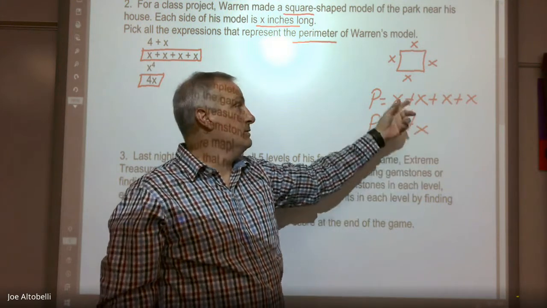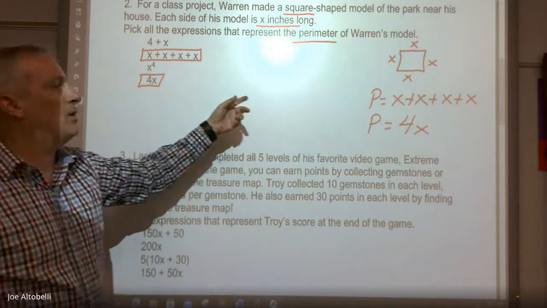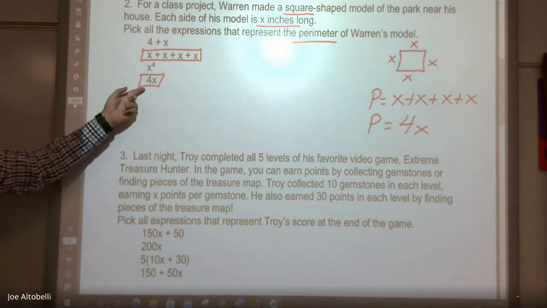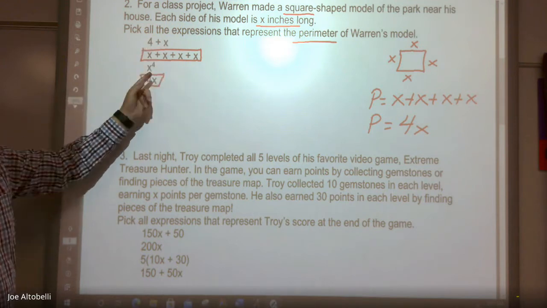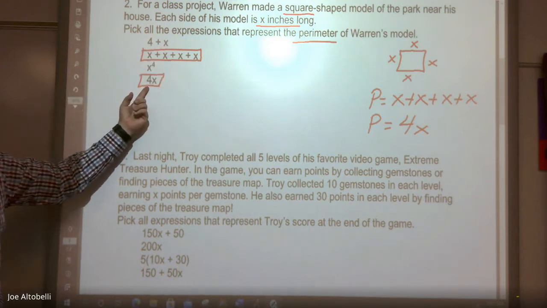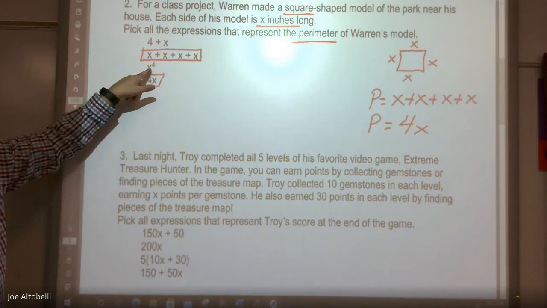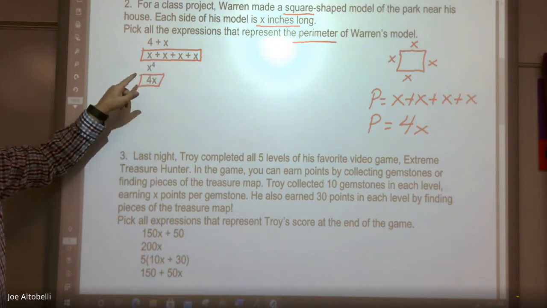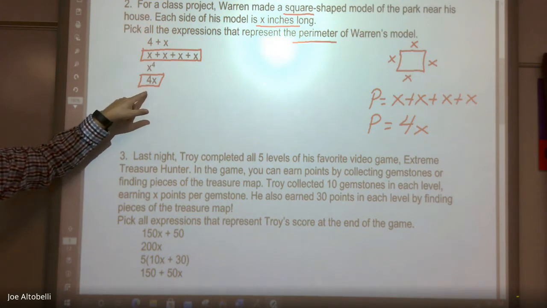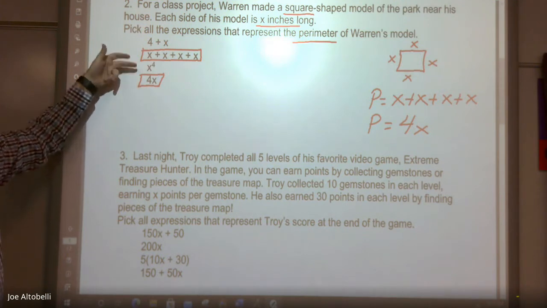Okay, so these two expressions are over here. And then you need to understand that 4 plus X is not the same as 4X. And you also need to understand that X to the 4th is not the same as 4X. Okay, so you just have those two.